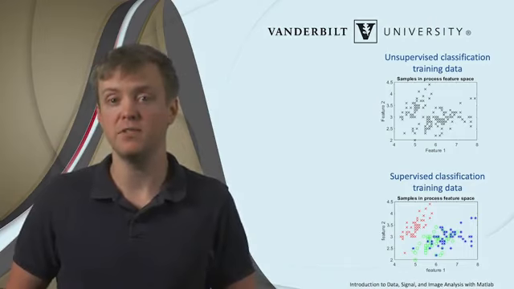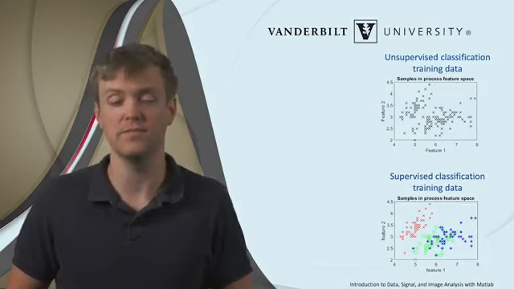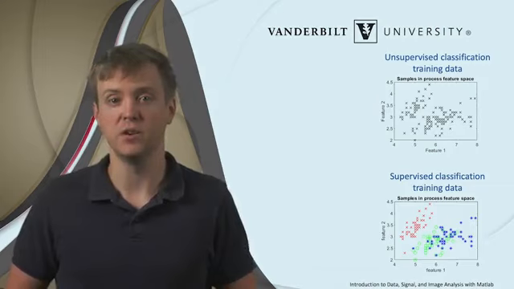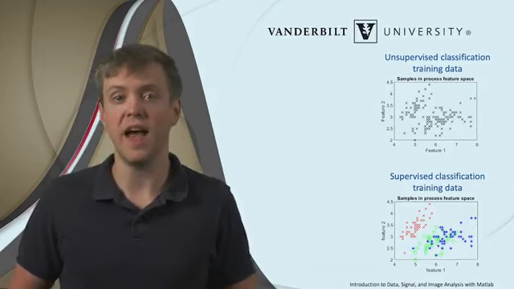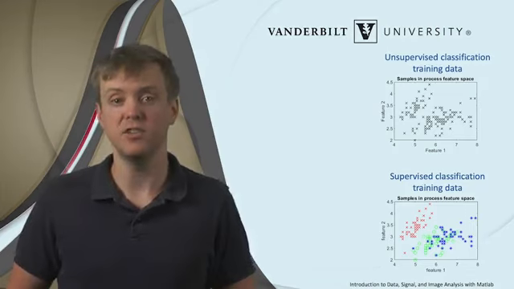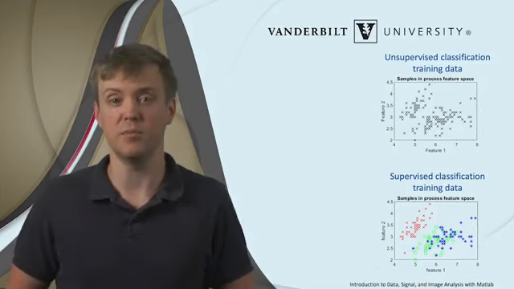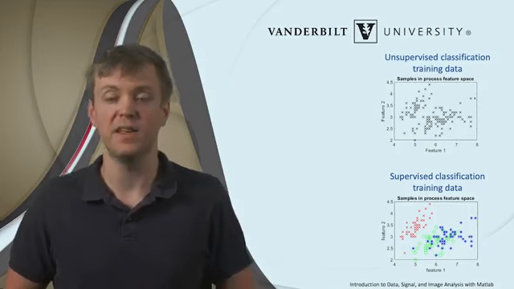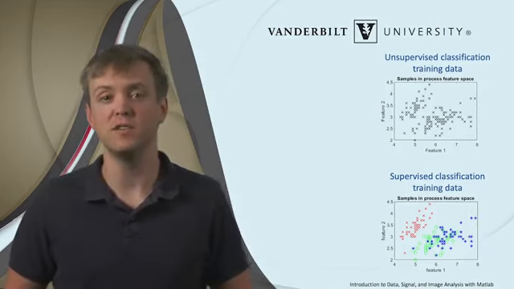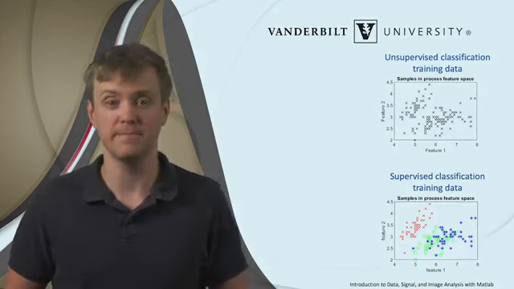The method then aims to partition the feature space in a way that separates the known classes. Unsupervised methods are trained with exemplars with feature values but without known classification. The methods aim to find partitions that result in distinct clusters of data points in the feature space. If the data tend to cluster for different classes, the resulting partition can be used as a classifier.